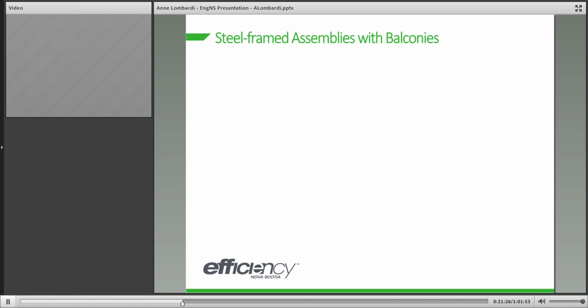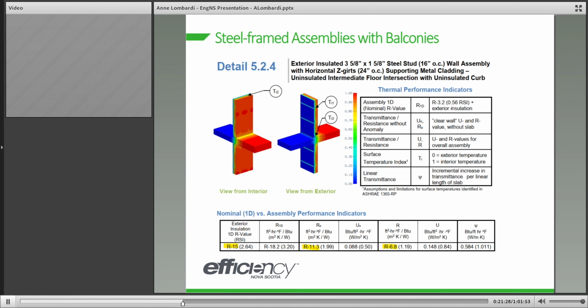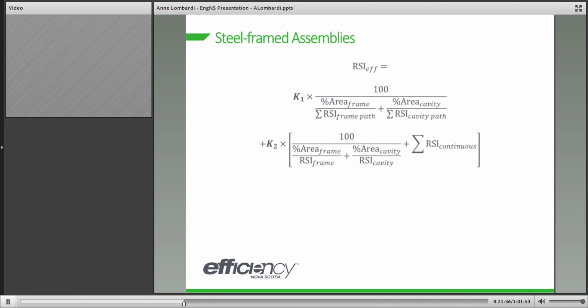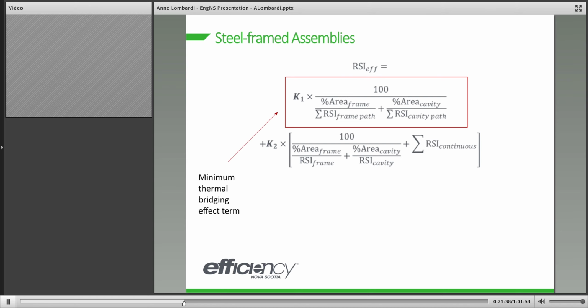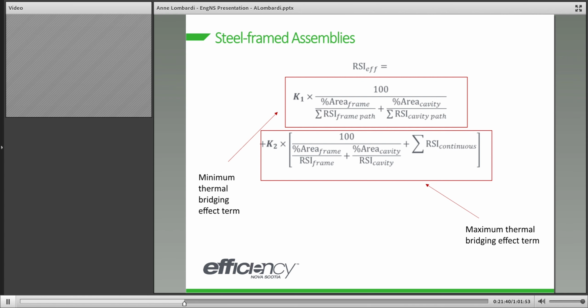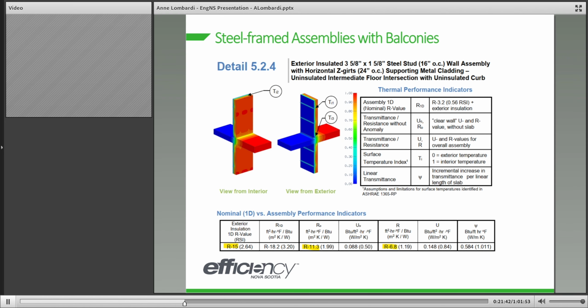If we took our steel wall and added a balcony, this is an image from the Morrison Hershfield thermal bridging guide. Within this wall, we've got an exterior insulated steel stud wall assembly.